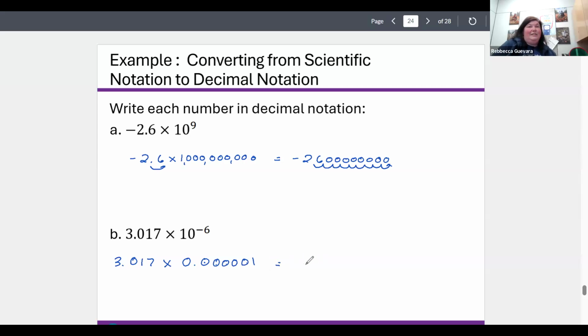If we multiply this, what you're going to end up with is this decimal place moving this way, 1, 2, 3, 4, 5, 6 times.